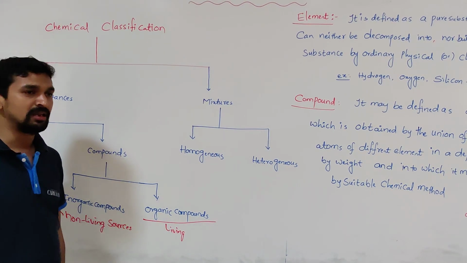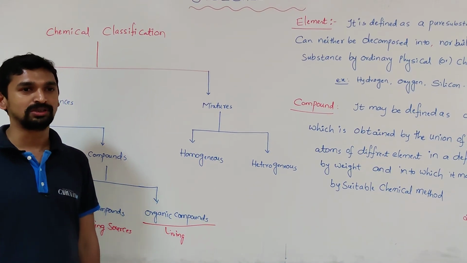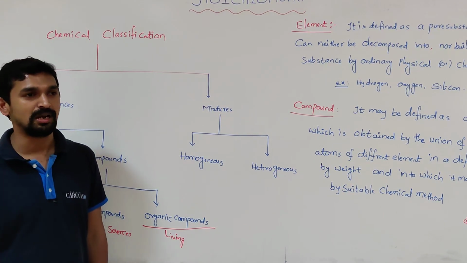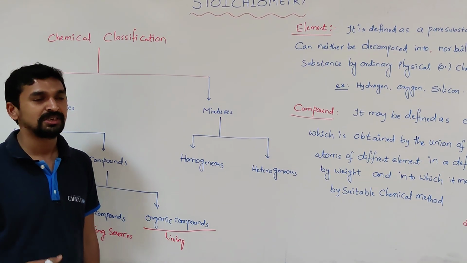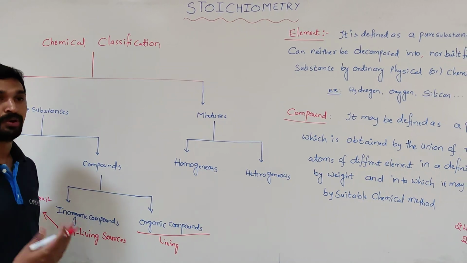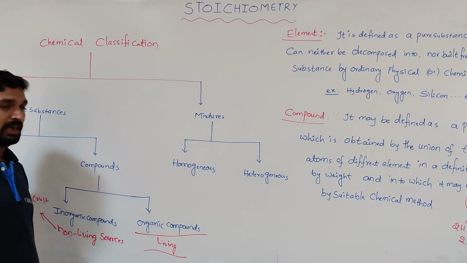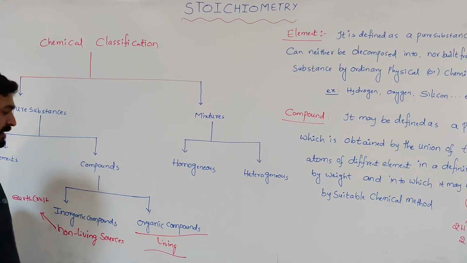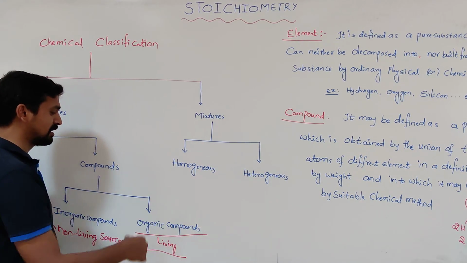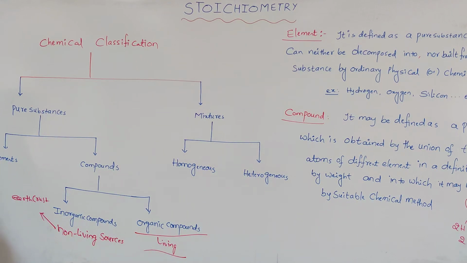So you know very well: carbohydrates, glucose, fructose, sucrose, maltose, like that. Starch, cellulose, proteins, amino acids. All these are obtained from which one? Living sources. That's why all those compounds are called which one? Organic compounds.